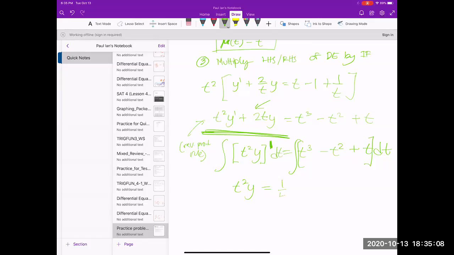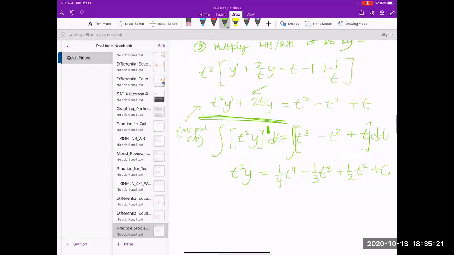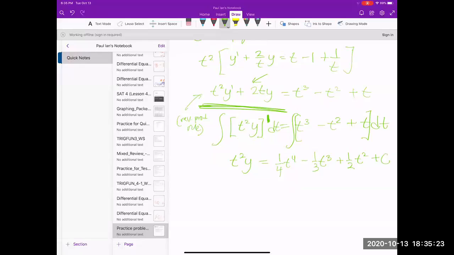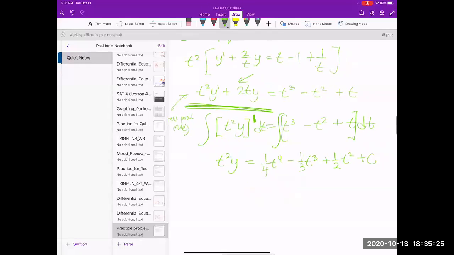If you actually did the integral, it would be this: t squared y, and you have a c because you need that for your initial value problem. Okay, did you get this first? Minus t squared plus t dt.